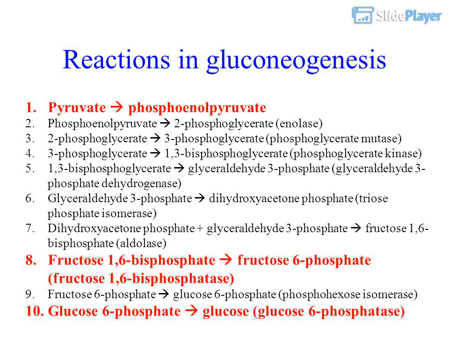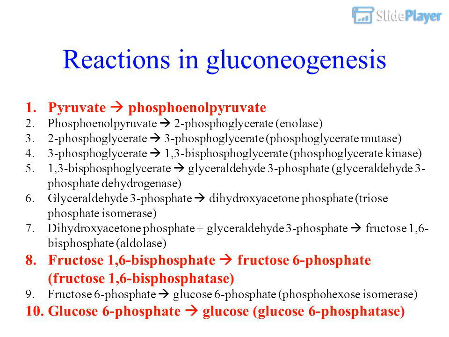Glyceraldehyde 3-phosphate to dihydroxyacetone phosphate, triose phosphate isomerase. Dihydroxyacetone phosphate plus glyceraldehyde 3-phosphate to fructose 1,6-bisphosphate, aldolase. Fructose 1,6-bisphosphate to fructose 6-phosphate, fructose 1,6-bisphosphatase.